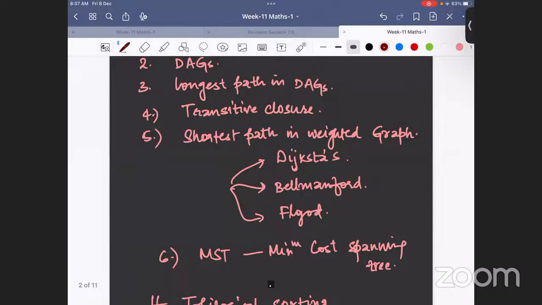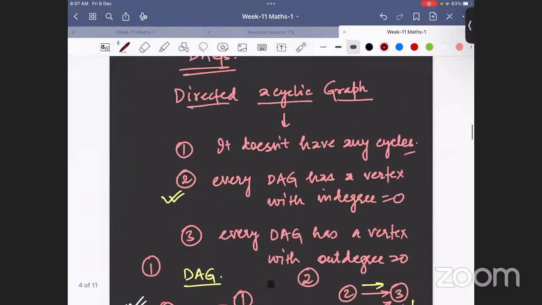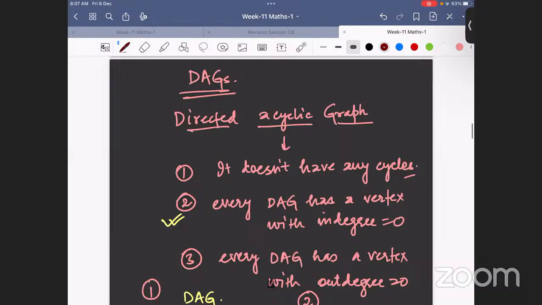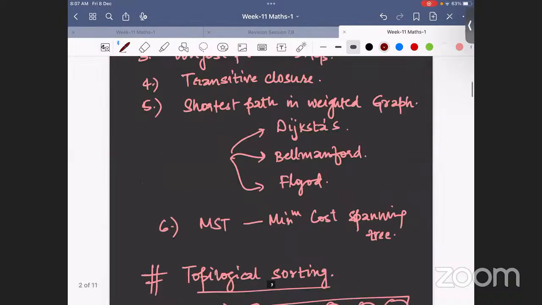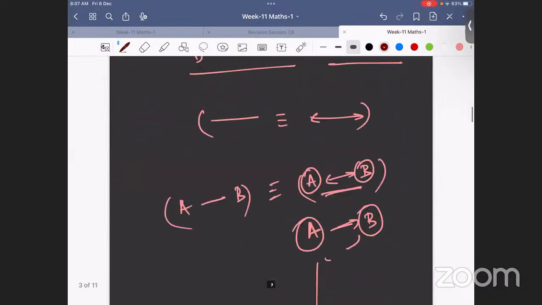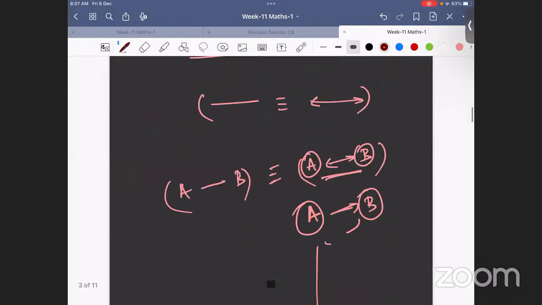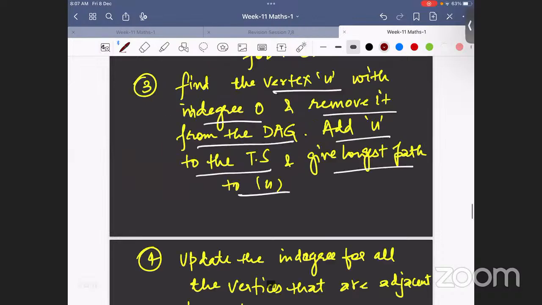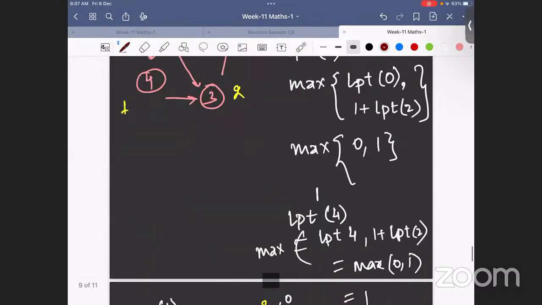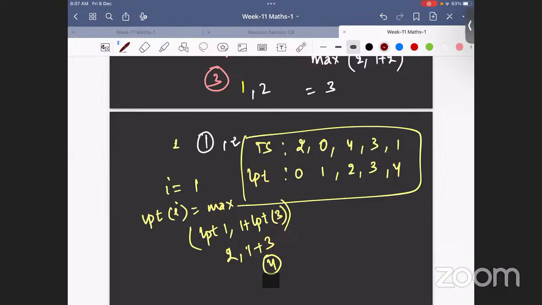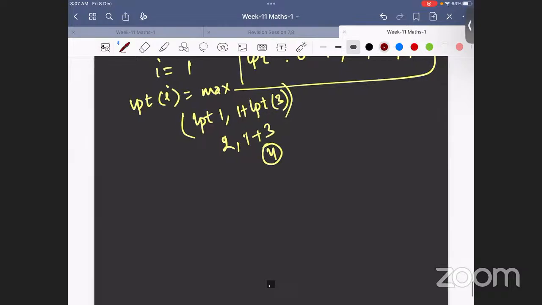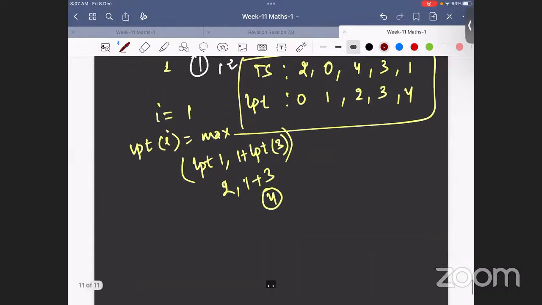Sir, you'll be sharing the PDF of the notes you're writing, right? I can share it, though this can't be shared on the portal. If you just mail me, I'll share it. I can share the file with anyone who wants this PDF; I'll convert it to PDF form and send it to you.